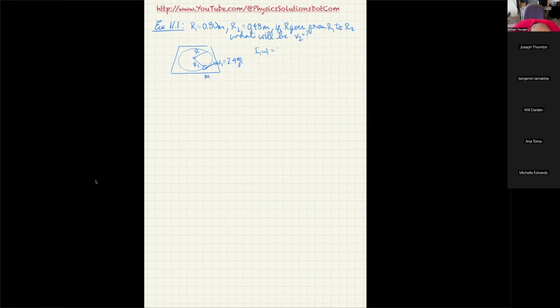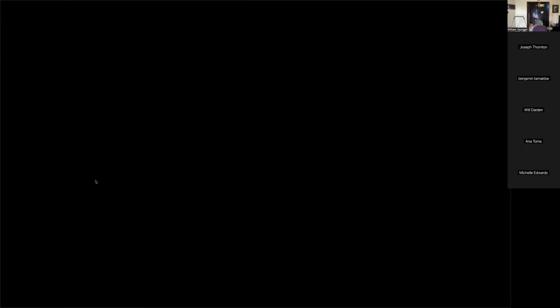So in this case, m times r1 squared times omega 1 is equal to m times r2 squared times omega 2. But we're also going to use the fact that v is equal to r omega, so omega 1 is equal to v1 over r1, and omega 2 is equal to v2 over r2.